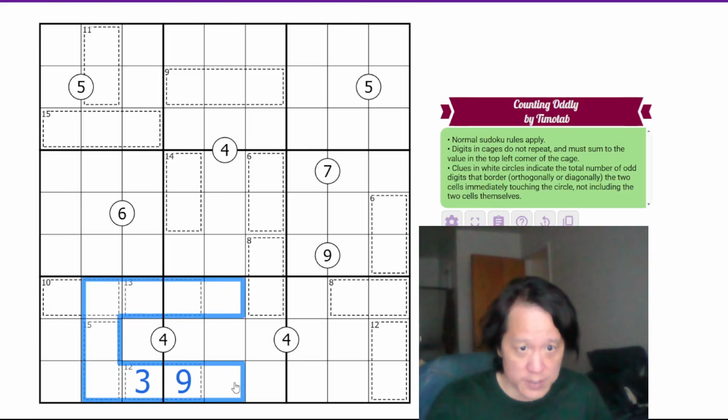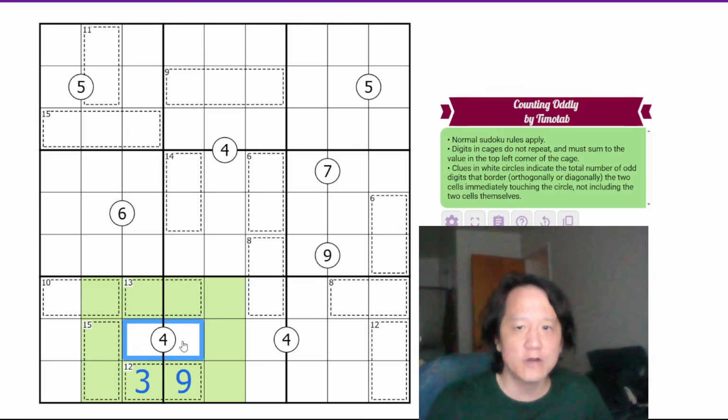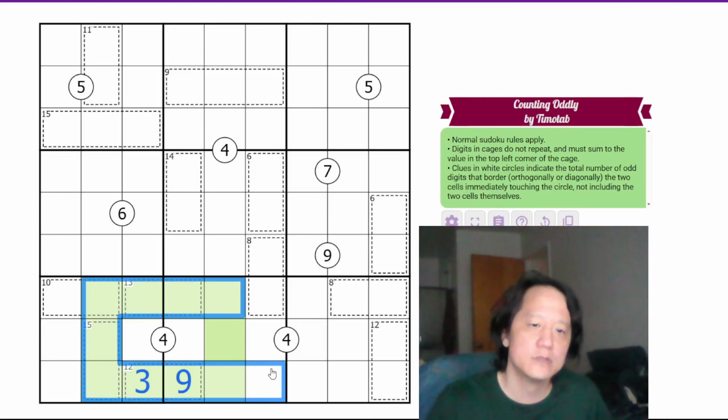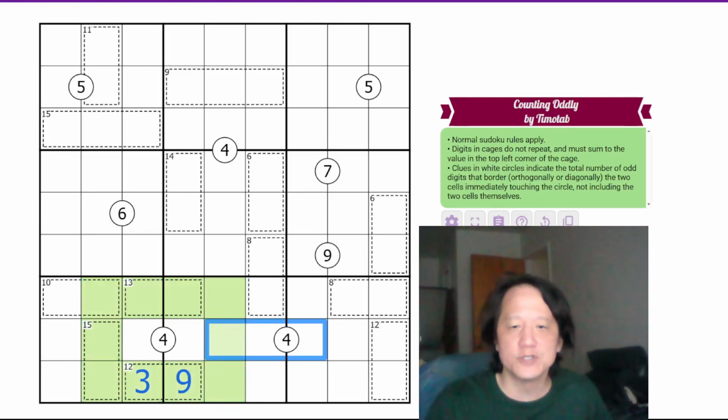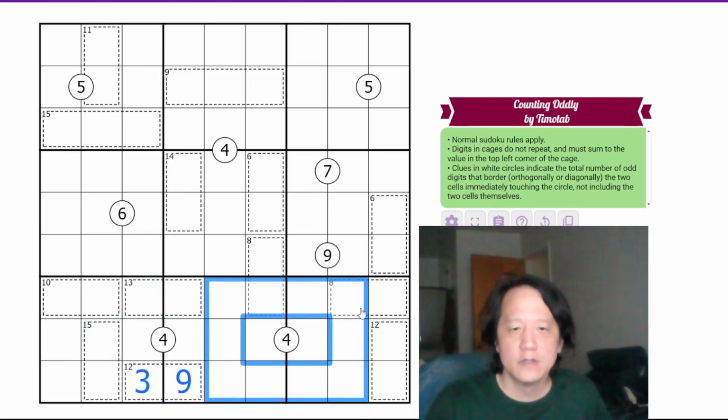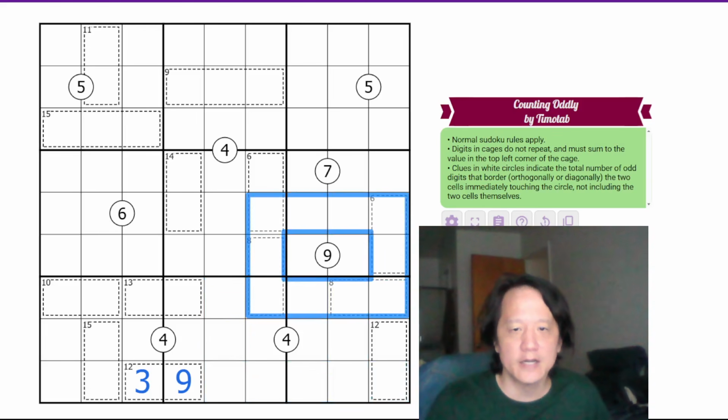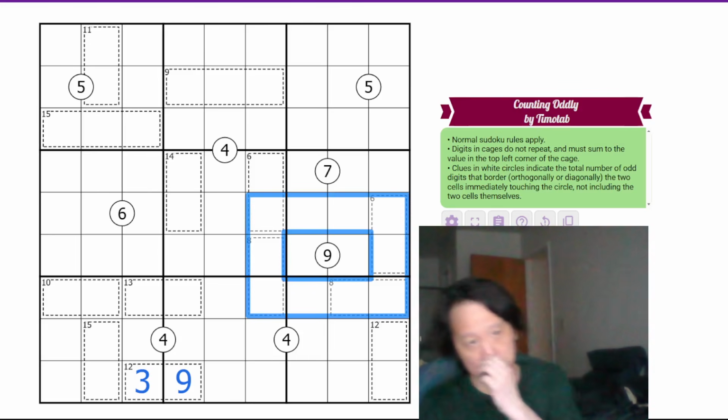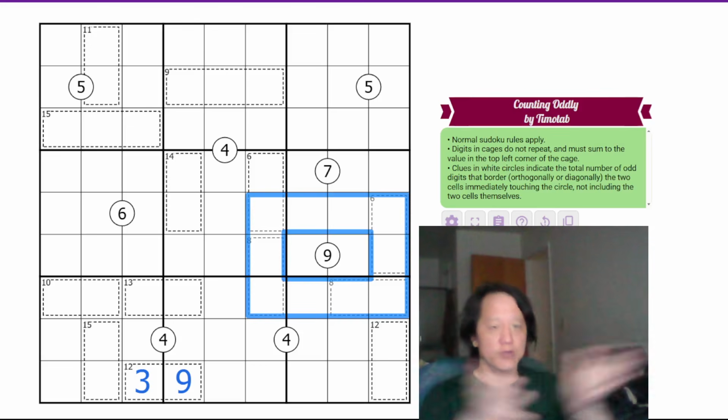So that means in these surrounding cells here, there are 4 odd digits in these cells. And for this one, in these cells, there are 4 odd digits. In these cells, there are 9 odd digits, etc., etc. So that's how these white circles work. And those are all the rules.